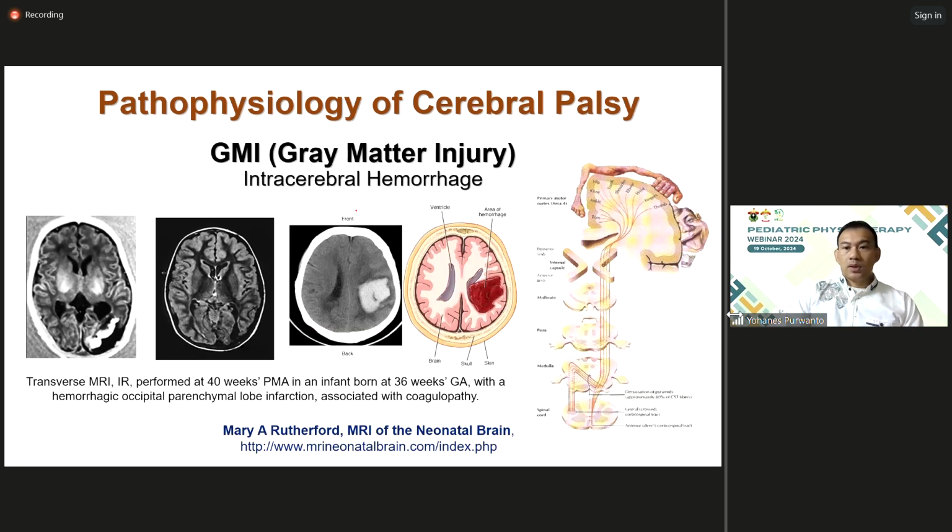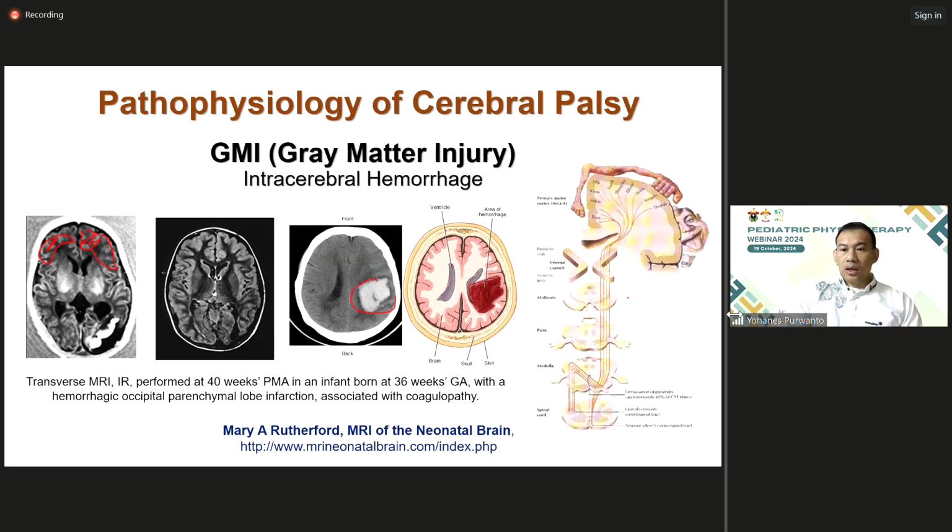The other pathophysiology of cerebral palsy is GMI, or gray matter injury. In gray matter injury, the problem is not in the subcortex, but in the cortex. We can see here the problem is in the cortex area. For example, because of an intracerebral hemorrhage, this is the hemorrhage here.